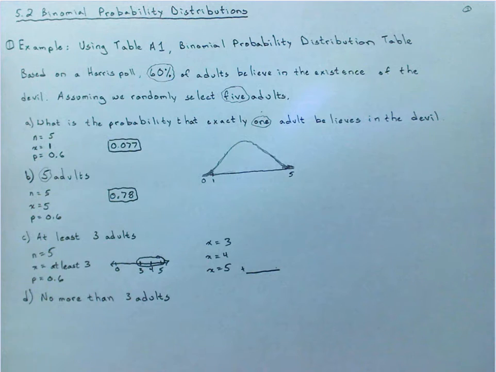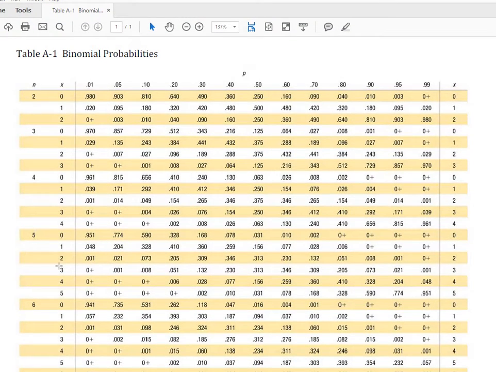So, to the table, N equals 5, and we'll do 3 first, and that is 0.346. And then 4 is 0.259. And 5, we already found 5, is 0.078.